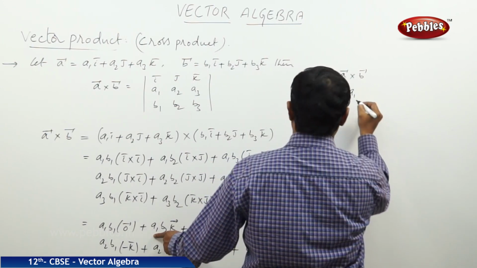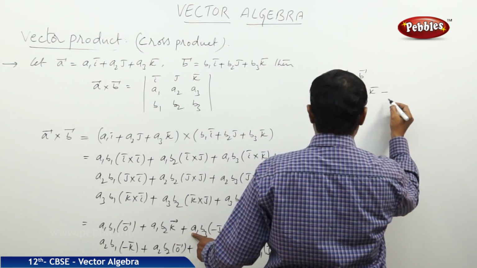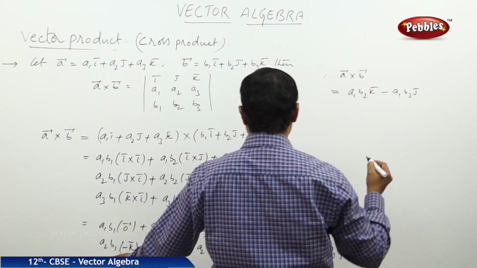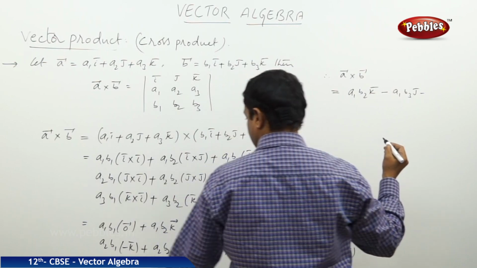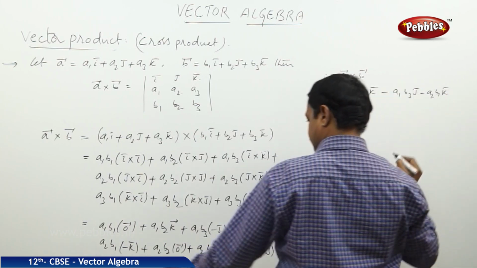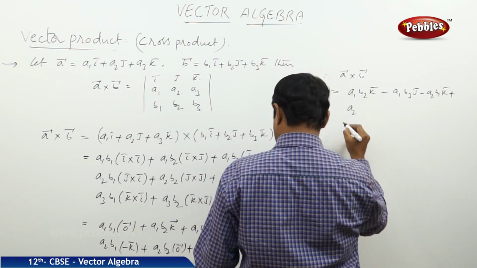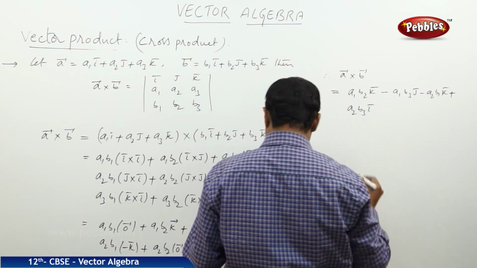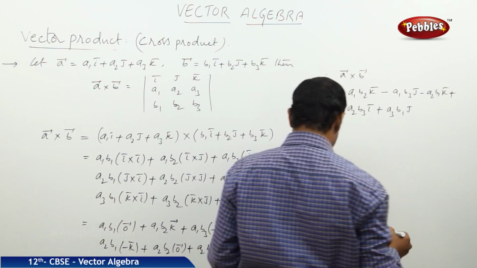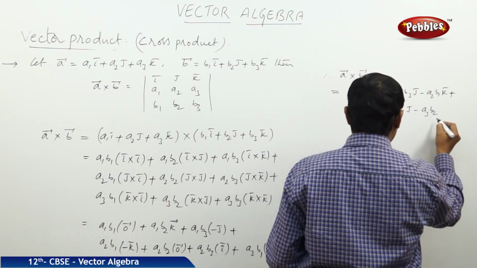Now it changes to A1 B2 k vector minus A1 B3 j vector, minus into minus, plus A2 B1 k vector, plus A2 B3 i vector plus A3 B1 j vector, plus into minus minus A3 B2 i vector.